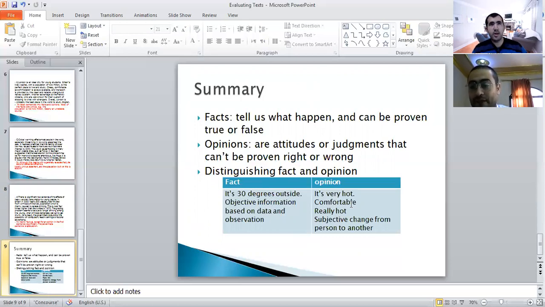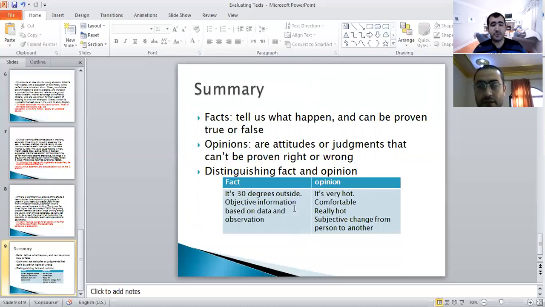For example, if you wear clothes like this and you go outside in the sun, you'll see it's very hot, right? While someone wearing different clothes and going in the sun doesn't feel that hot. So this could be an opinion depending on many reasons.